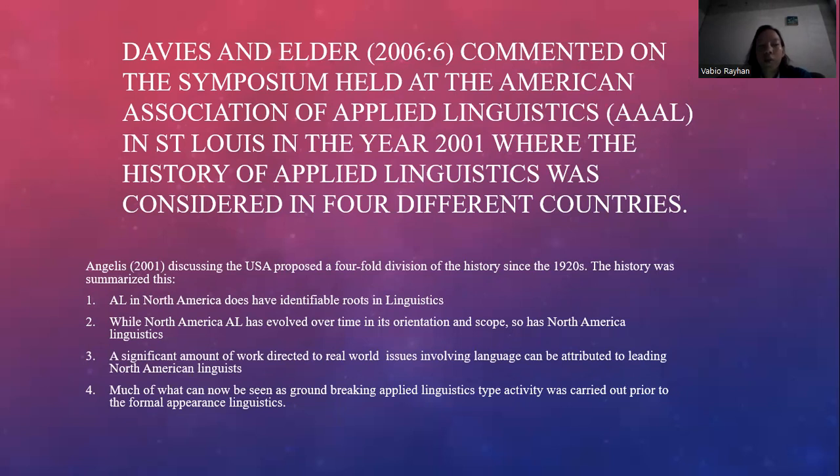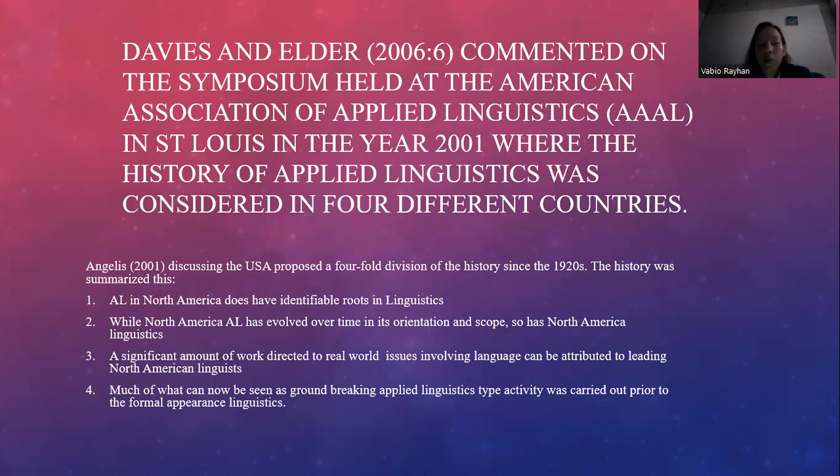AL in North America does have identifiable roots in linguistics. 2. While North American AL has evolved over time in its orientation and scope, so has North American linguistics. 3.